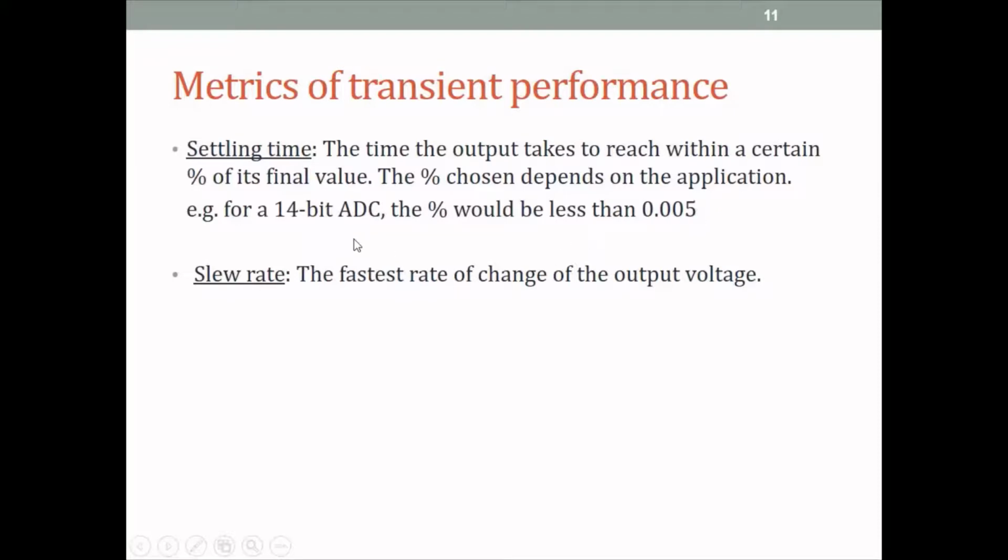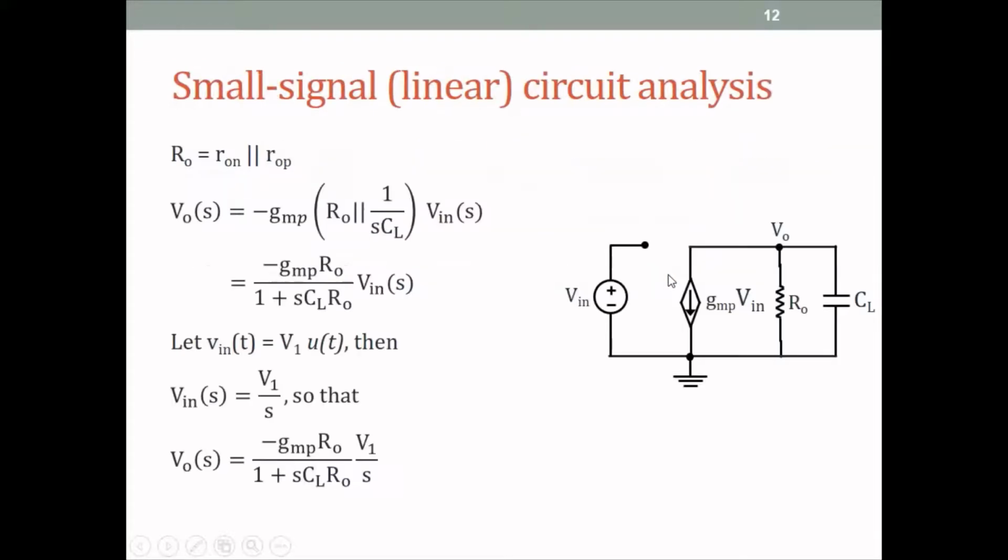It comes from VDD divided by 2 raised to 15, so that's a very small number. That's one measure. The other measure is the slew rate, which is the fastest rate of change of the output voltage. Again, we'll define slew rate in a couple of minutes.